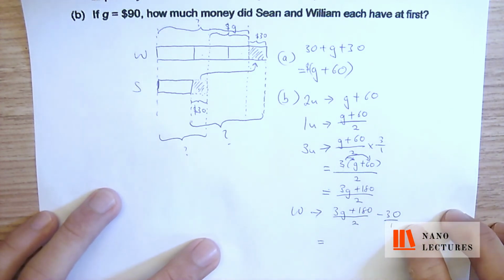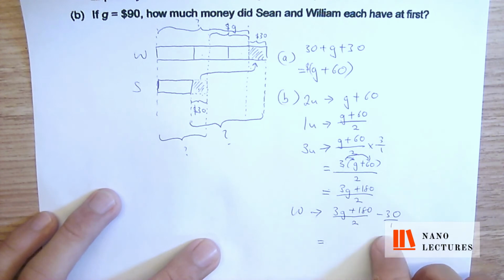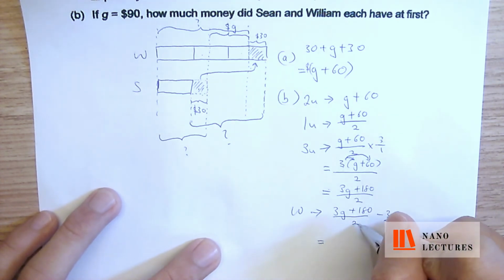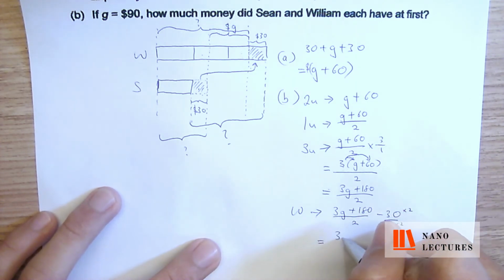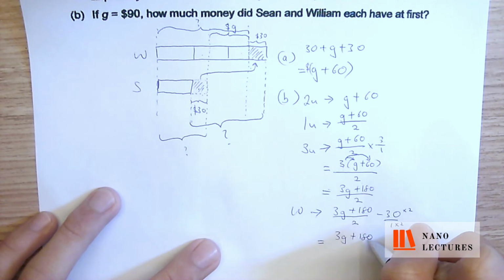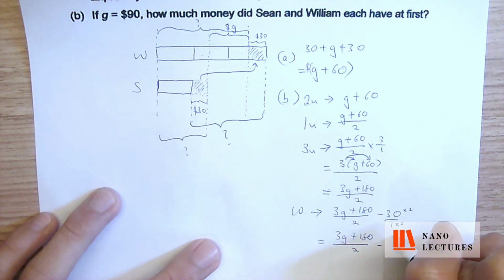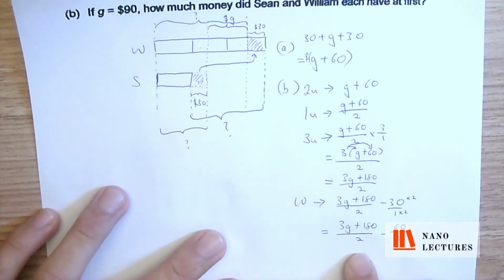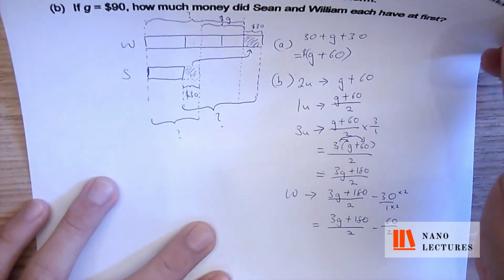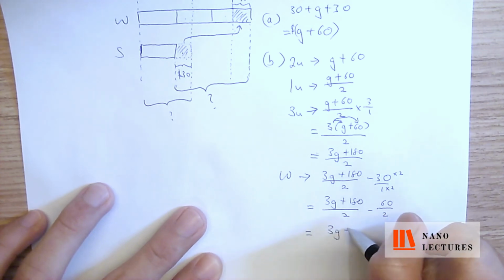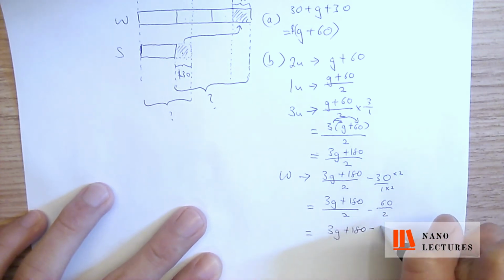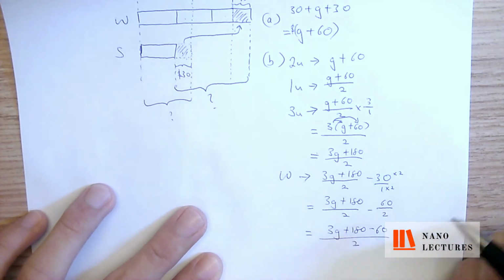Second, we need to ensure that the denominator is the same before we can minus the fractions. So this one we need to multiply by 2, this one we need to multiply by 2. So this will give us 60 over 2. Now that the denominator is the same, you can now minus the fraction. So this will be 3G plus 180 minus 60, entire thing over 2.